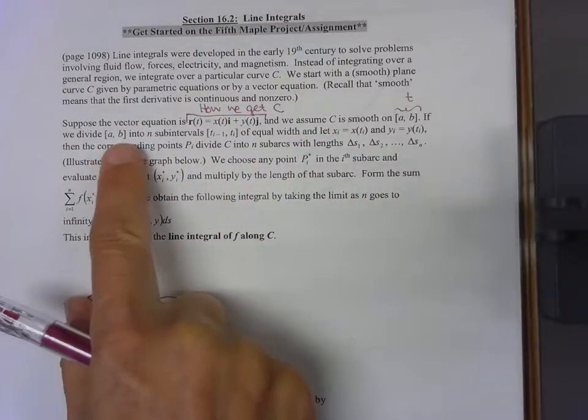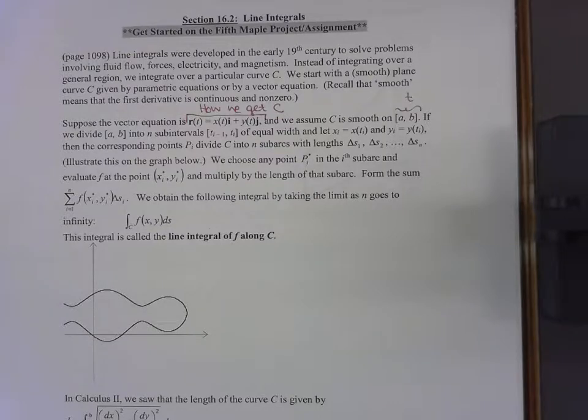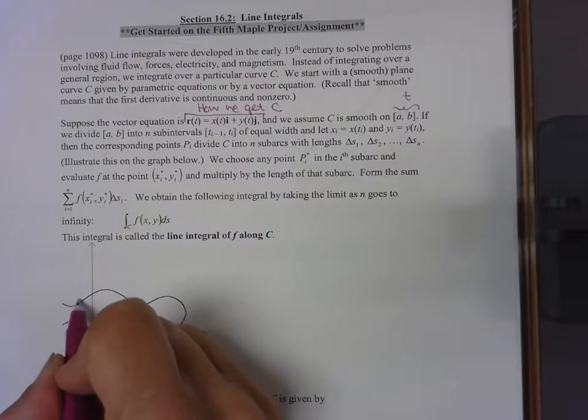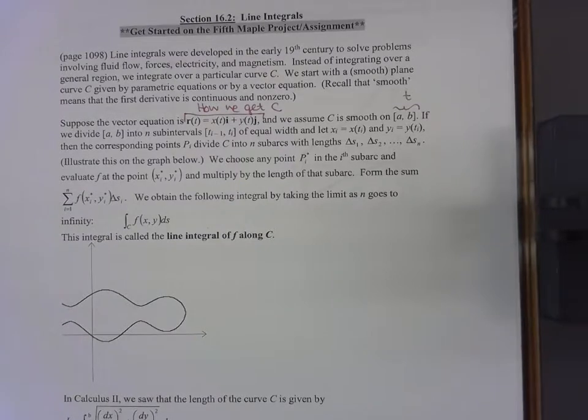Even though the times are equally spaced, so say I take a measurement every second, just because the times are equally spaced doesn't mean I'm breaking the curve up into equal pieces, because sometimes the particle might be moving really fast and sometimes really slow. So just because time is equally spaced doesn't mean my endpoints are equally spaced.